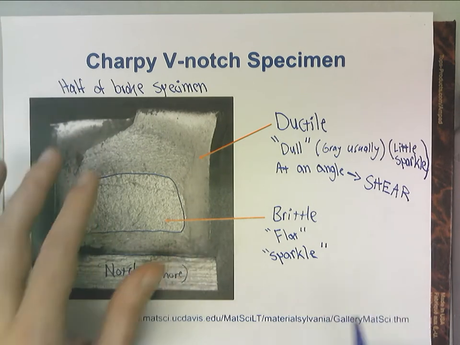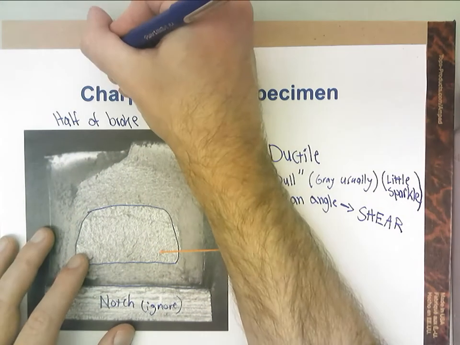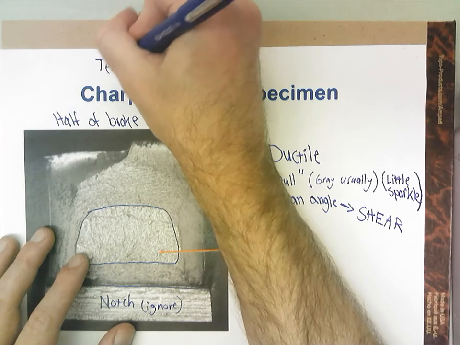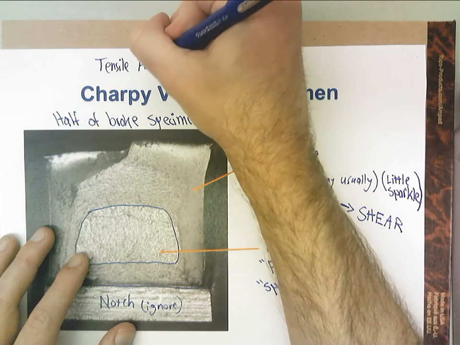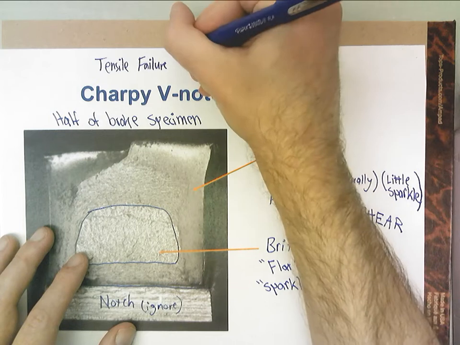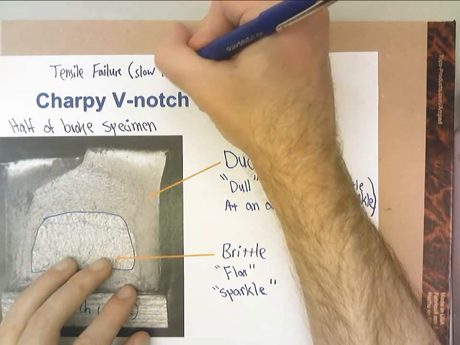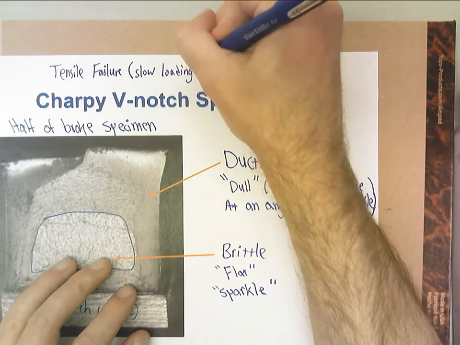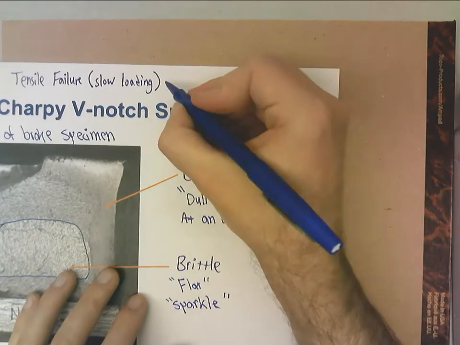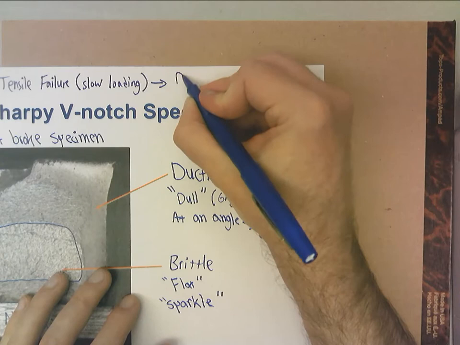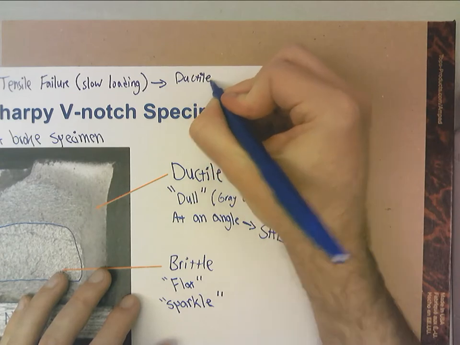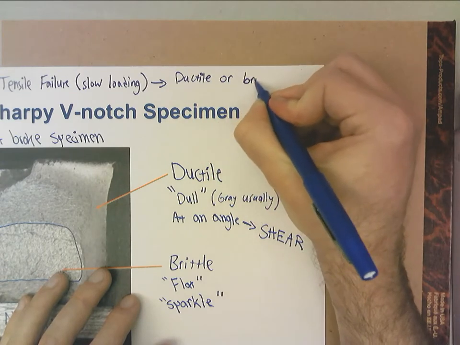When we're dealing with tensile, say like a tensile failure, so slow loading, not impact, we're usually looking at ductile or brittle.